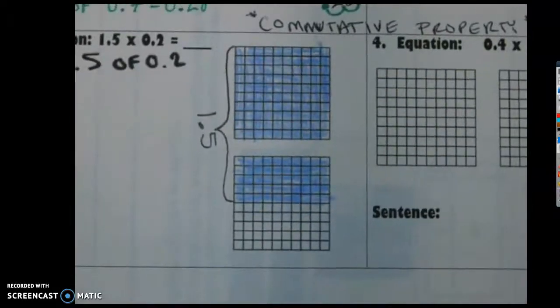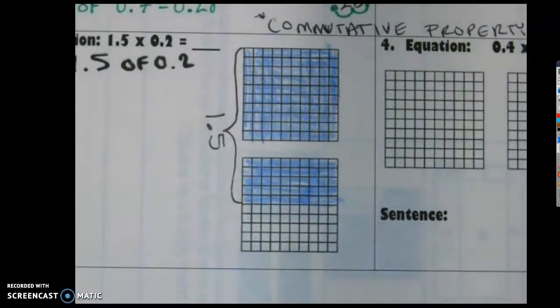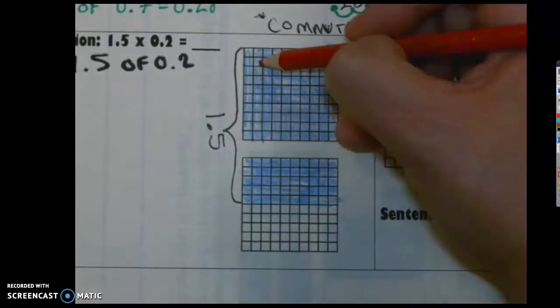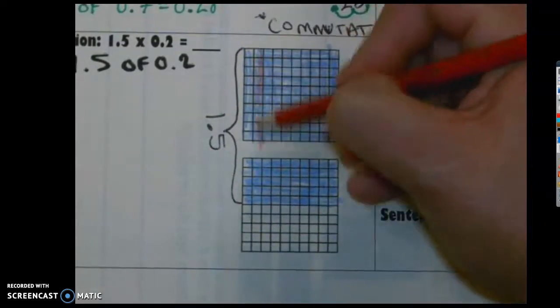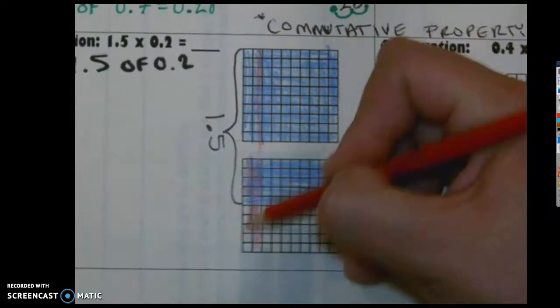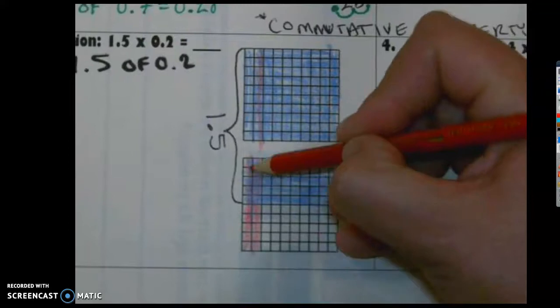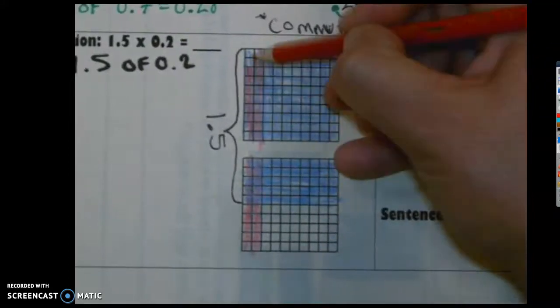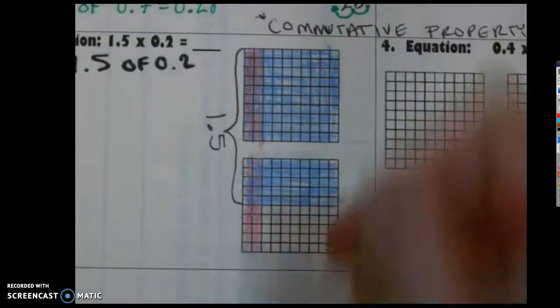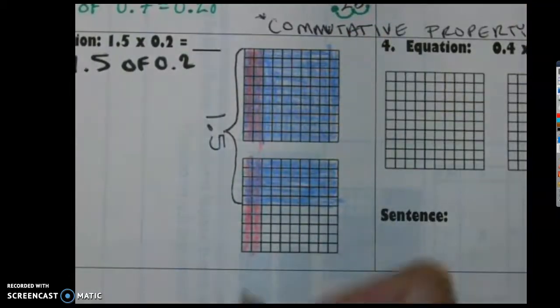And then I need to shade in my second factor, right, which is the 2/10. And I've got to complete the square, right? So I'm shading in 2 columns, but they need to go from top to bottom. And again, label, label, label.